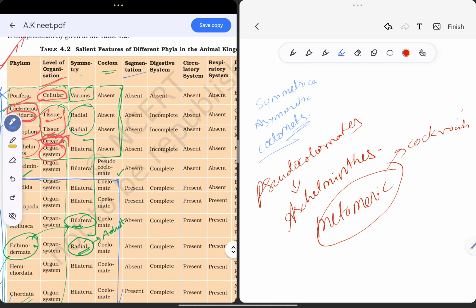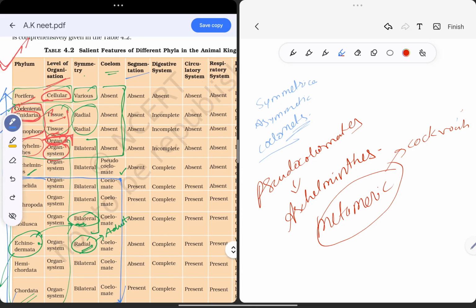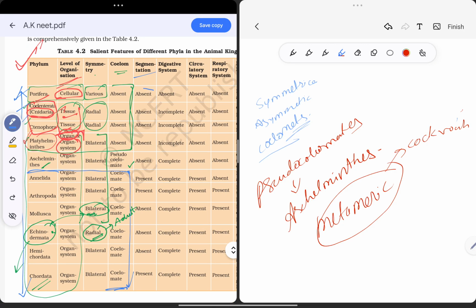Next is segmentation. Segmentation is absent in all except these three: Annelida, Arthropoda, and Chordata. Annelida and Arthropoda are the only non-chordates which have segmentation. All chordates have segmentation.